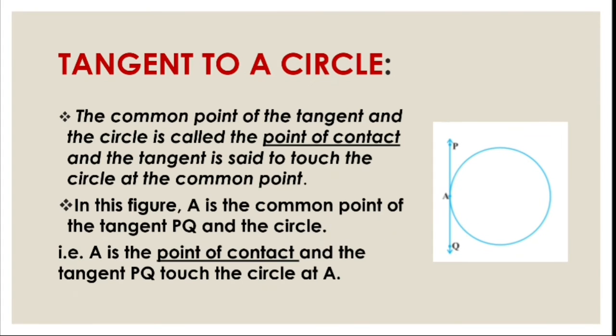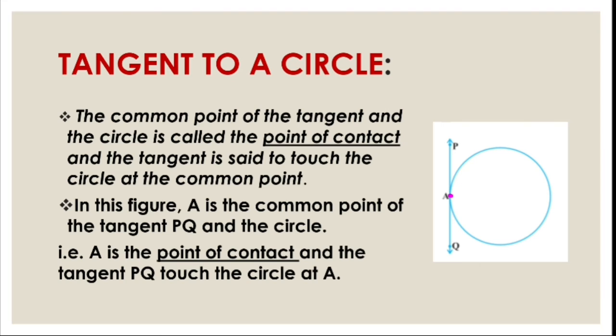Now the third one. Here we will discuss the point of contact. Okay, the common point of a tangent and the circle is called the point of contact. As you can see, this point A is common to the line PQ and the circumference.